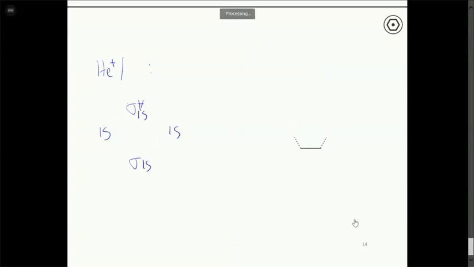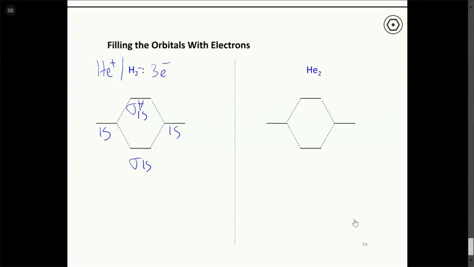So if we add 1 electron to H2, or we take 1 electron away from He2, we would get 3 valence electrons. And so now when we add 3 valence electrons to this diagram, we fill the lowest energy orbital first with a pair of electrons, and then we have to put our 3rd electron up here into the anti-bonding orbital. Same exact rules that we follow for filling atomic orbitals, lowest to highest, pair the electrons if they're in the same orbital, and so on.